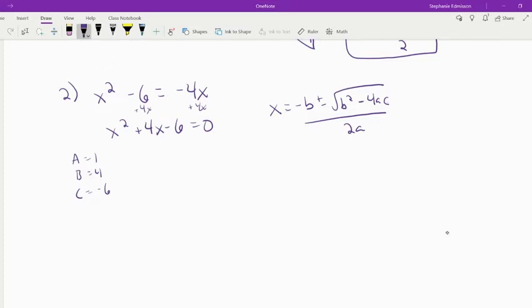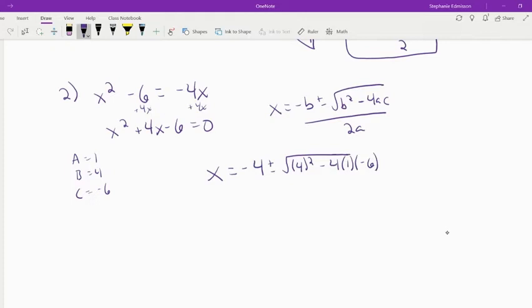All right, so now we plug in our letters. I don't know what x is, so I leave it as x. X equals -b. Well, b is 4, and remember, we could have also said opposite b. The opposite of 4 is -4. Plus or minus square root of b squared, 4 squared, minus 4 times a times c.